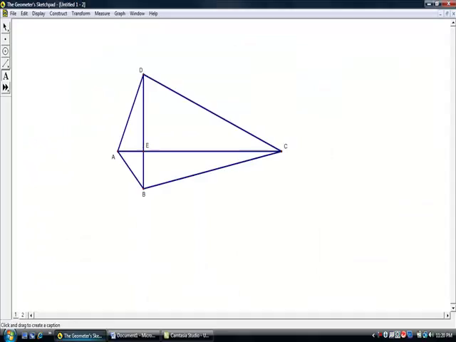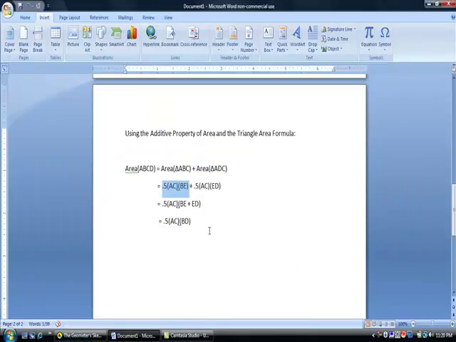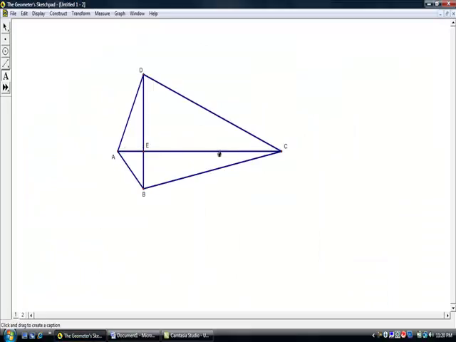AC is the base. BE is the height of that triangle. So that's where that comes from. The area of ADC is 0.5 times AC times ED. Again, AC is the base of both of these triangles, the big one on the top and the big one on the bottom. So it's going to be 1/2 times AC times DE.